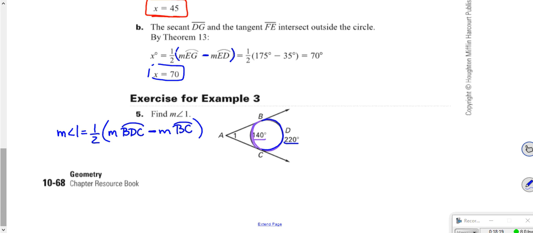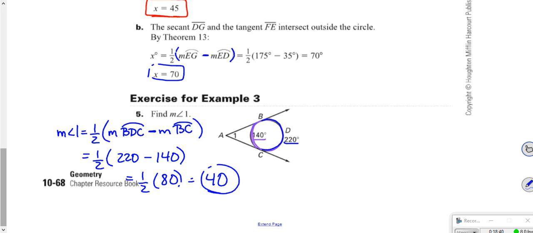If they're chords that cross in the middle, then it's half the sum. So this is 1/2 of 220 minus 140. That is 1/2 of what, 80, or 40. That's our answer. Of course, got a couple of dead spots there.